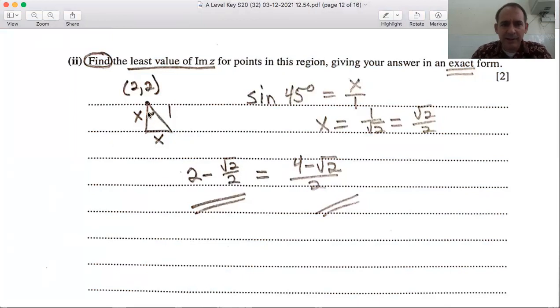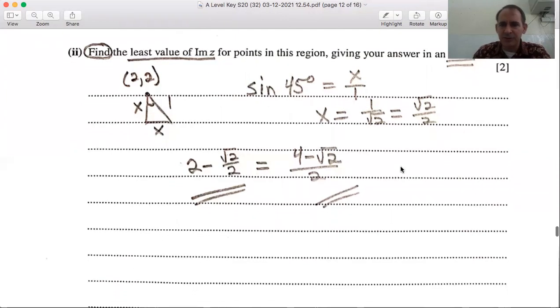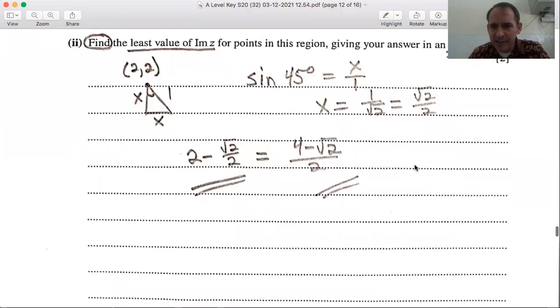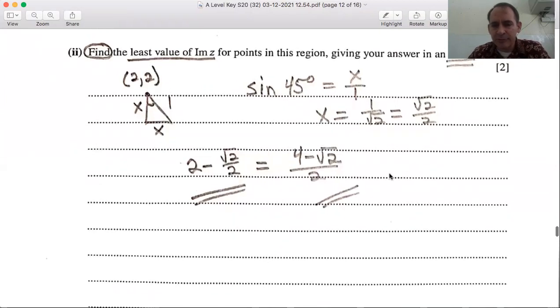We can calculate the value of x. Because these sides are the same, that means it's a 45-degree angle. Sine of 45 is opposite over hypotenuse. And when we calculate that, we get x equals 1 over root 2, which is root 2 over 2.